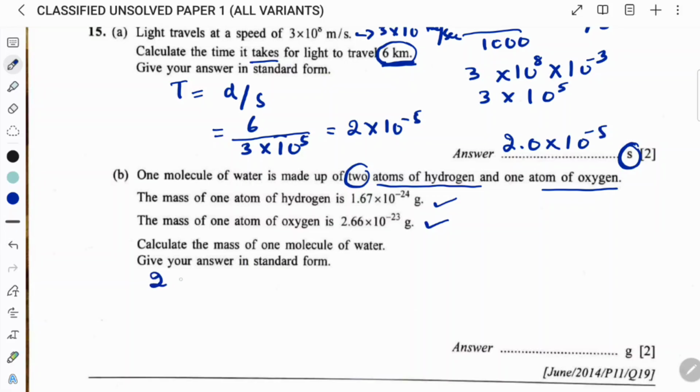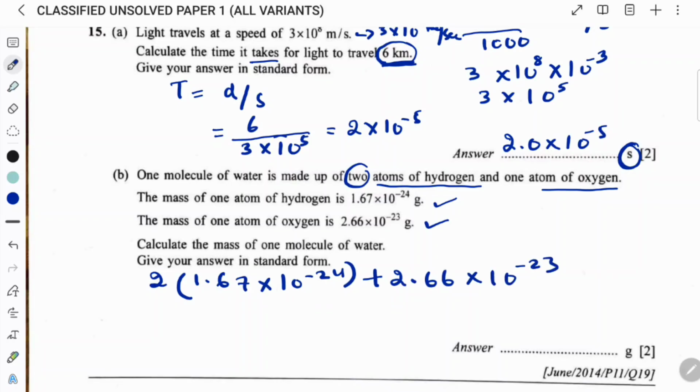So 2 hydrogen is 1.67 into 10 to the power of minus 24, and 1 oxygen, which is 2.66 into 10 to the power minus 23. You can see I have used for hydrogen this and for oxygen this. In this question they already give you that in water we have 2 atoms of hydrogen and 1 atom of oxygen.